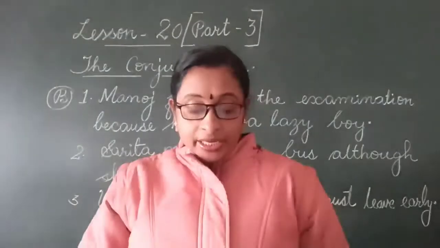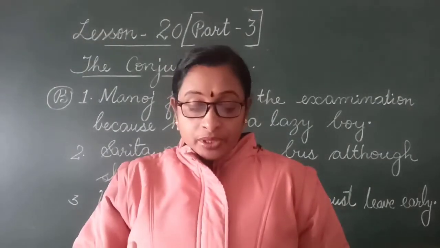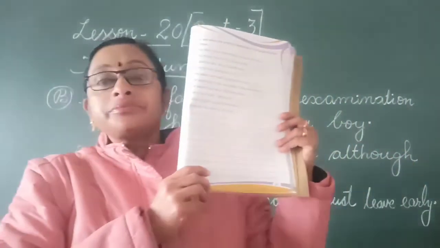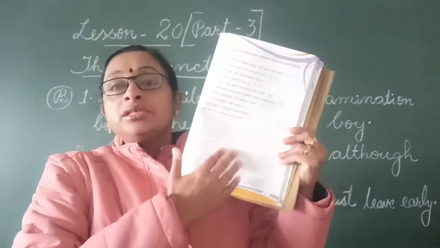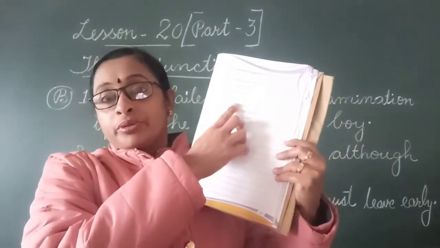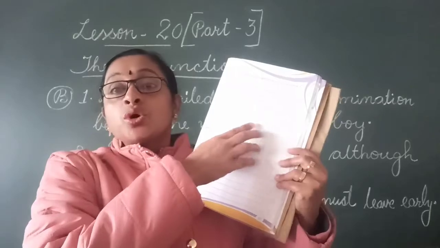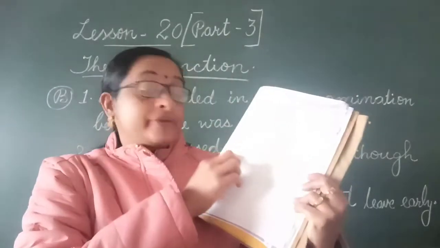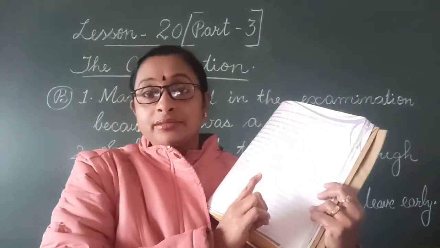And children, here below some lines are given. Can you see? Here some lines are given and the questions, the sentences, are given here on top. So we have to write the answers on these lines, one line for one answer.